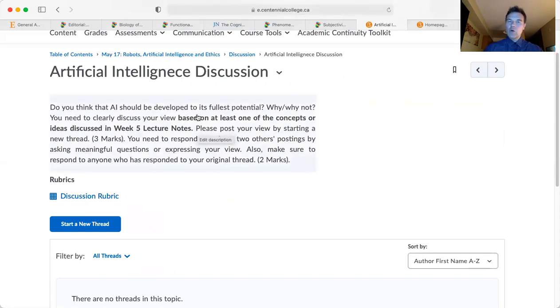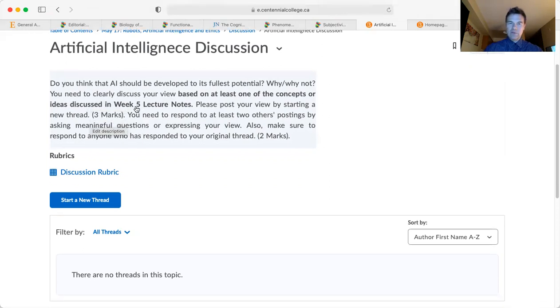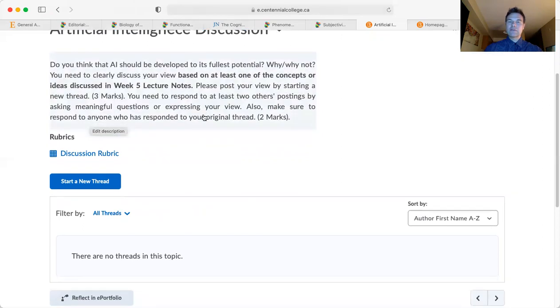You are to go over the material, and then based on the material, you need to respond. You need to clearly discuss your view based on at least one of the concepts or ideas discussed in week 5. Week 5 just means lesson number 5. Please post your view by starting a thread. That's worth 3 marks. You need to respond to at least 2 others' postings by asking meaningful questions or expressing your view. Also make sure to respond to anyone who has responded to your original thread.